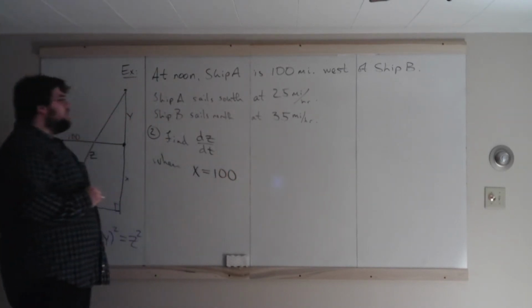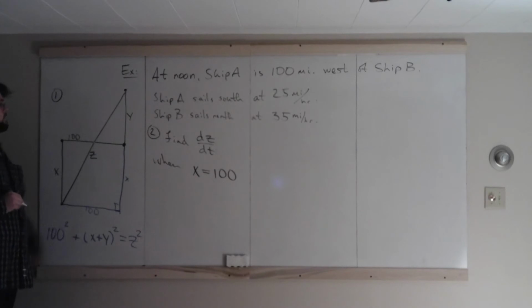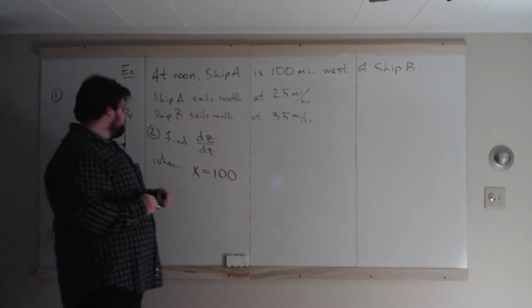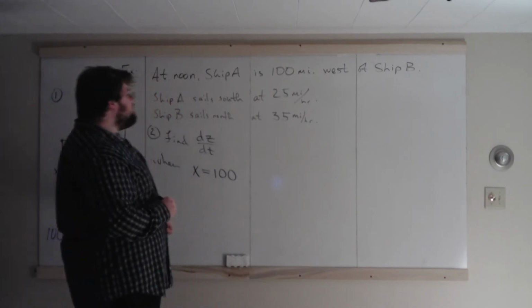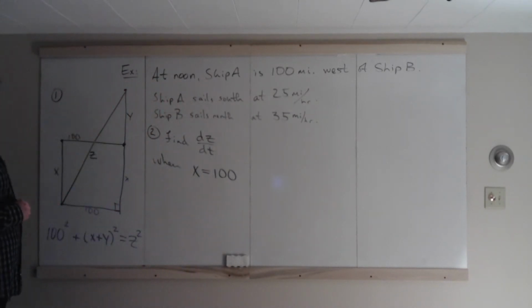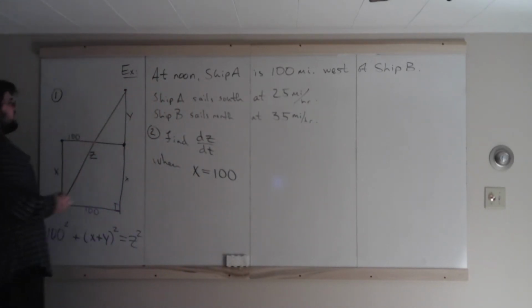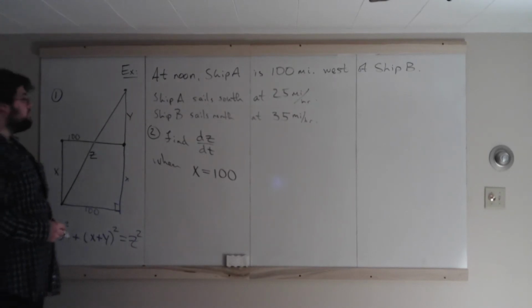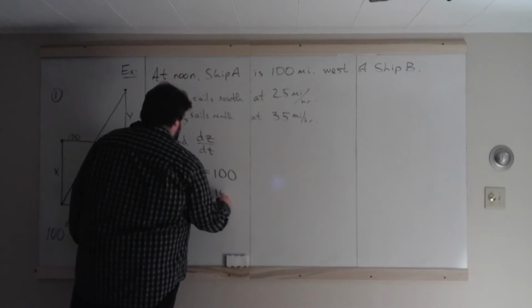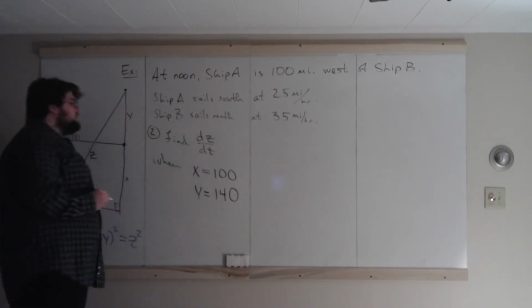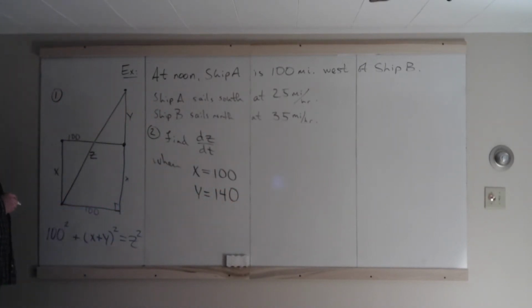Okay, there's one of our variables. What about y? Ship B is sailing for 4 hours at 35 miles per hour. 35 times 4 is 140. So x is 100, y is 140.